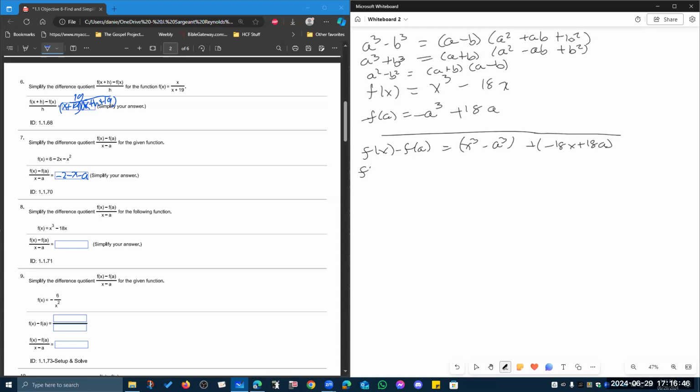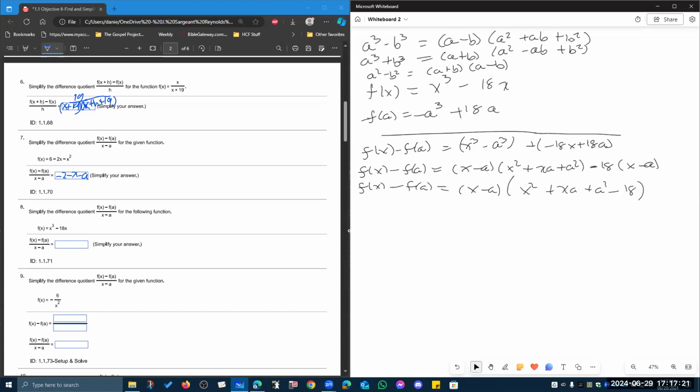So f of x minus f of a is going to be x minus a times x squared plus xa plus a squared, minus 18 times x minus a. F of x minus f of a equals x minus a times x squared plus xa plus a squared minus 18. I guess I don't need brackets. I can just use parentheses there.